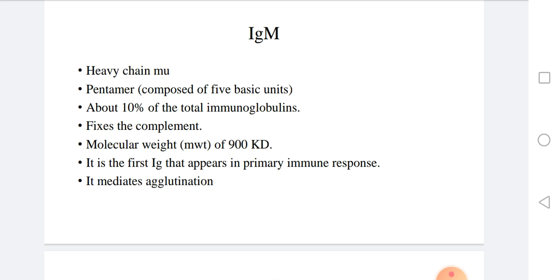It has a molecular weight of 900 kilodaltons. It is the heaviest immunoglobulin. It is the first immunoglobulin that appears in primary immune response, that is to say the immune response for the first time. It mediates agglutination.